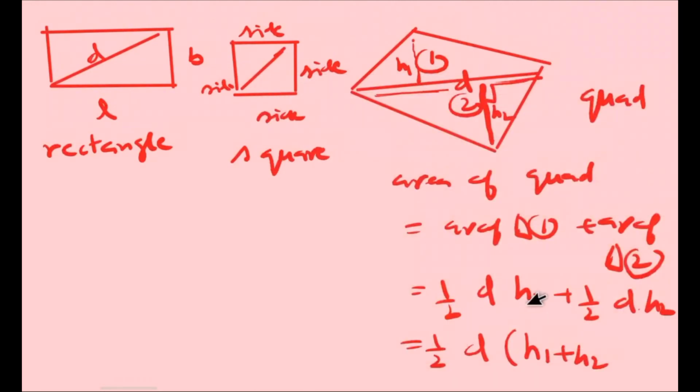This is the area of quad, and h1, h2 are also known as offsets, or height of these triangles, the perpendicular drawn from the vertex to the diagonal. Okay, this is the area of any quad, right?